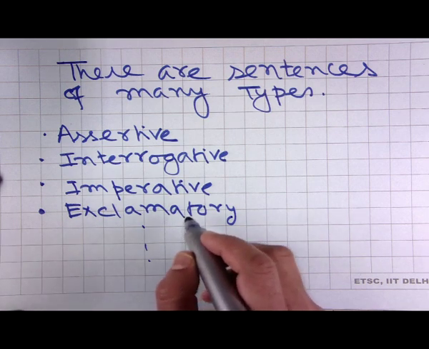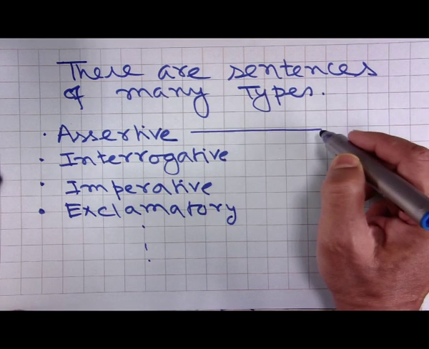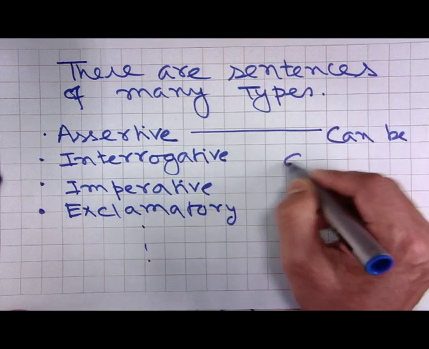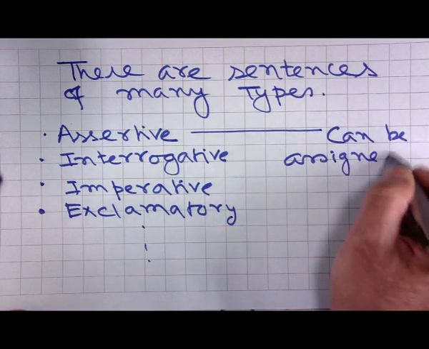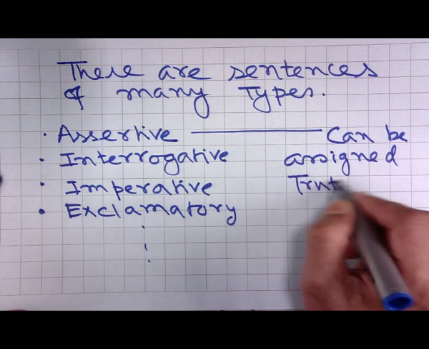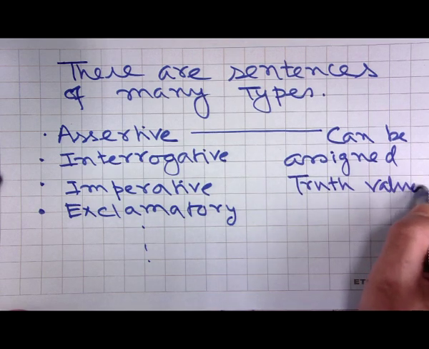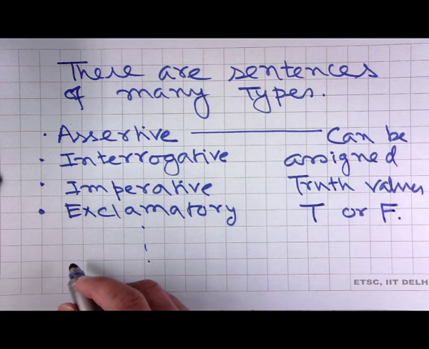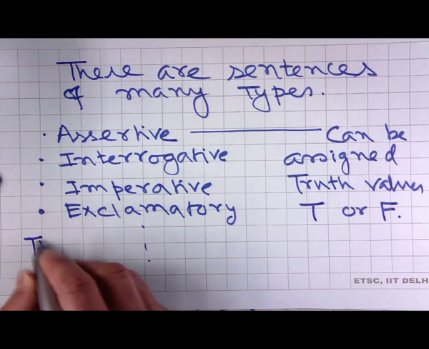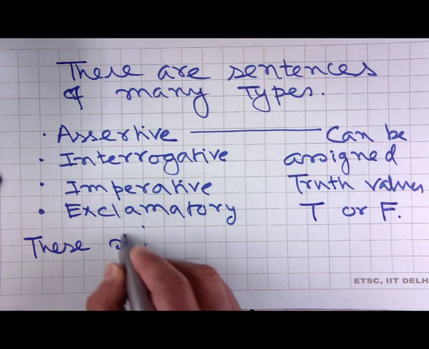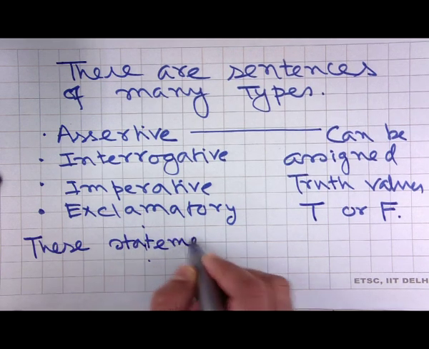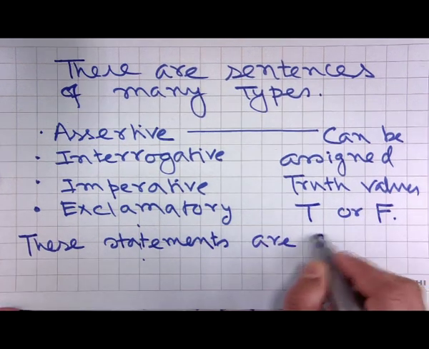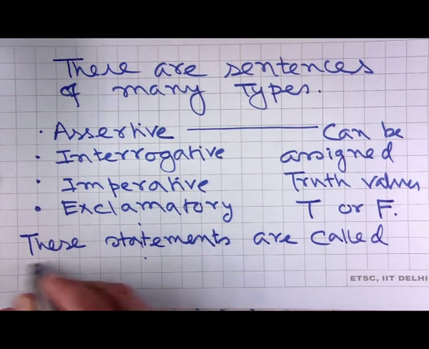Among these, we have seen that some of the assertive sentences can be assigned truth values, true or false. These statements are called mathematically acceptable.